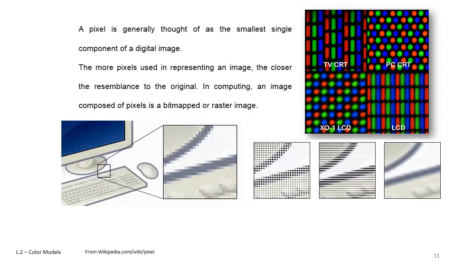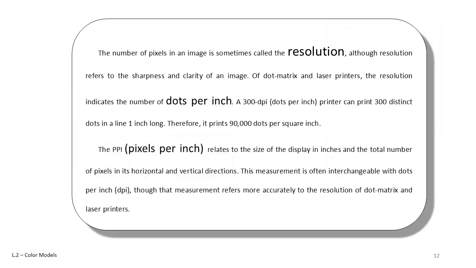The number of bits used to represent each pixel determines how many colors or shades of gray can be displayed. For example, in 8-bit color mode, the color monitor uses 8 bits for each pixel, making it possible to display 2 to the 8th power, 256 different colors or shades of gray.